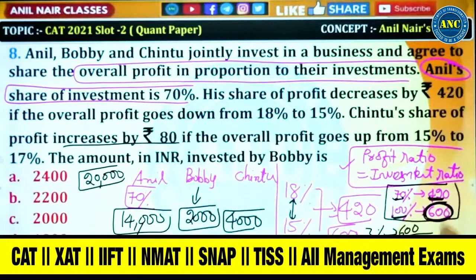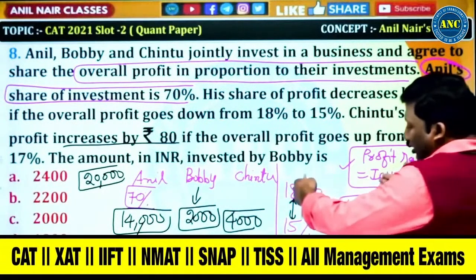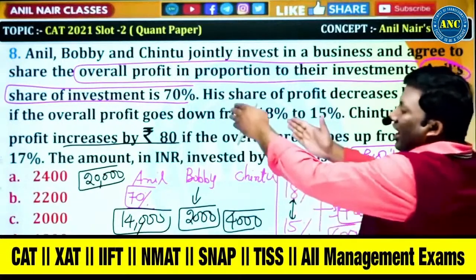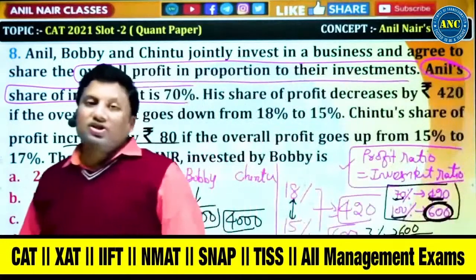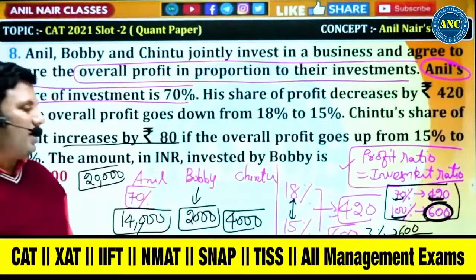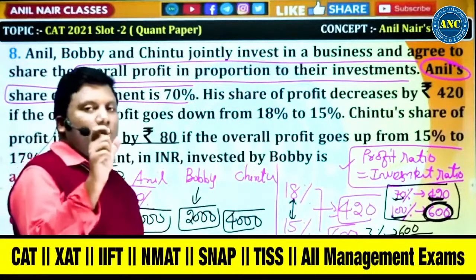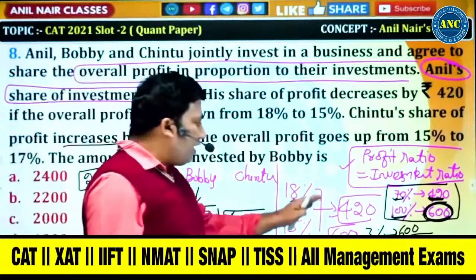70% is 420, 100% is 600, because we need to change this equation as per the statement. Anil's share of investment is 70%. That should be the point of reference, and we have to change it.